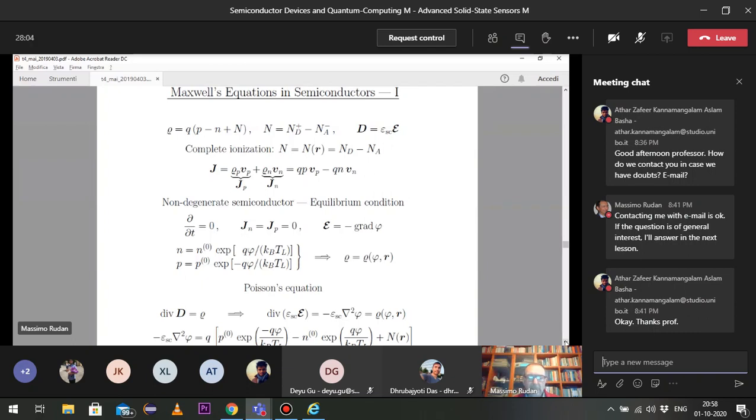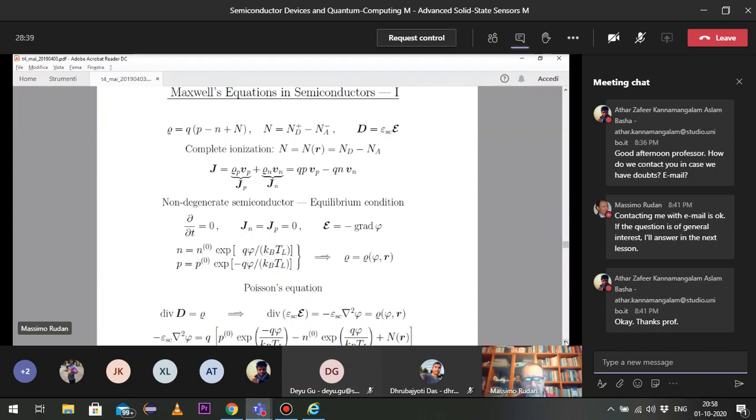Let's now consider the equilibrium condition. Okay. In the equilibrium condition, obviously, there is no dependence on time. So the time derivatives, when they appear in the equations, are equal to 0. Okay? Of course, in equilibrium, there are no currents. Okay? So individually, Jn and Jp are 0.